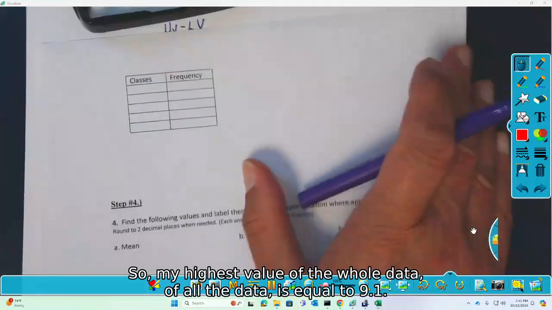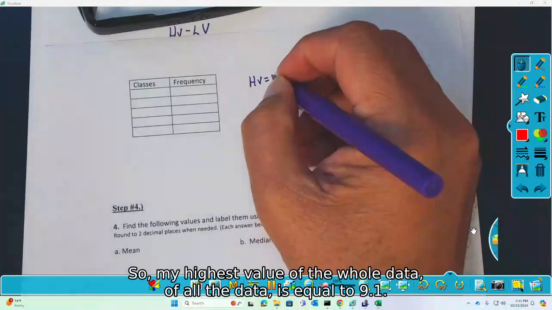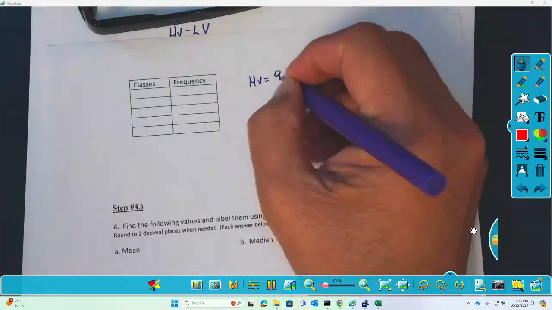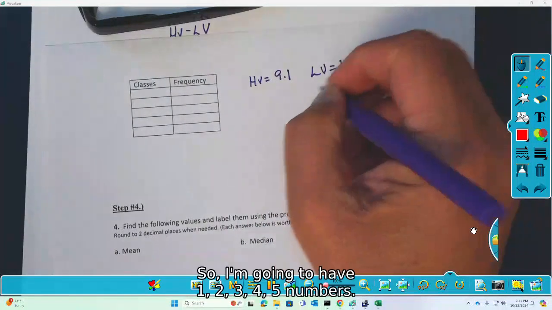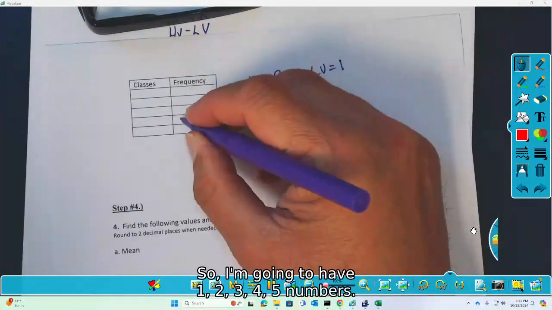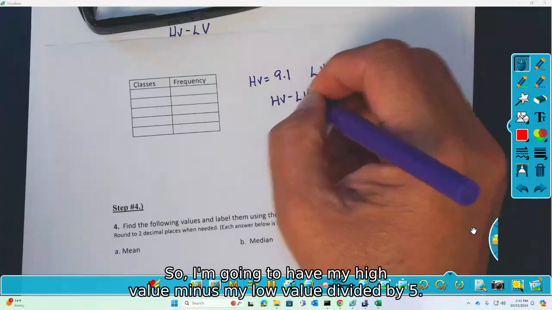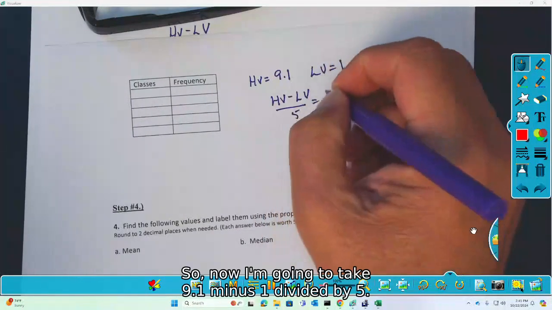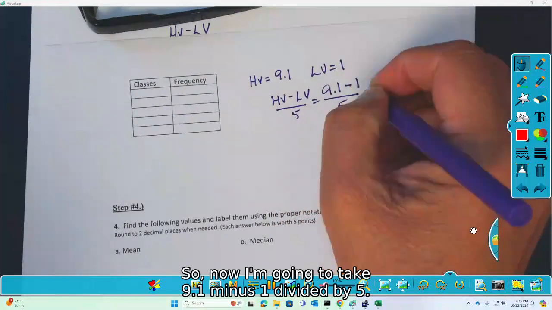So my highest value of the whole data, of all the data, is equal to 9.1. My lowest value is equal to 1. So I'm going to have 1, 2, 3, 4, 5 numbers. So I'm going to have my high value minus my low value divided by 5. So I'm going to take 9.1 minus 1 divided by 5.